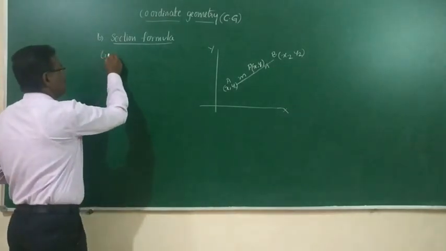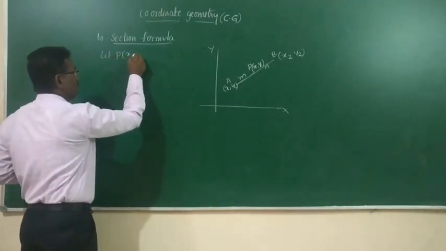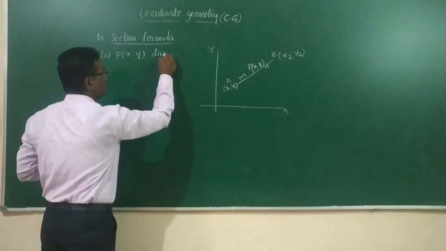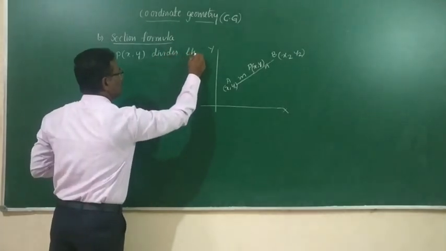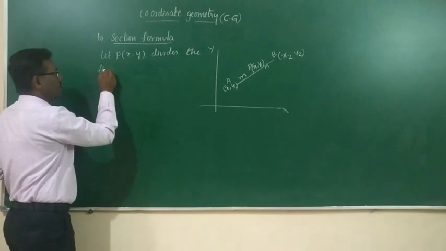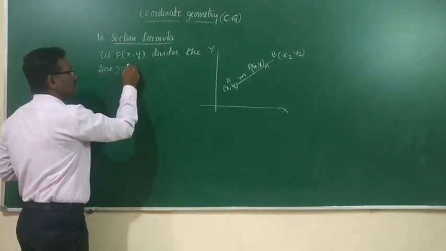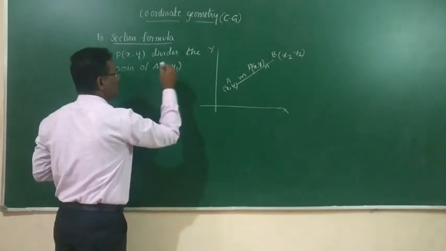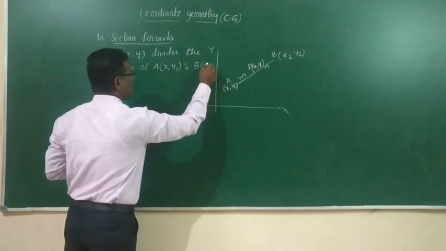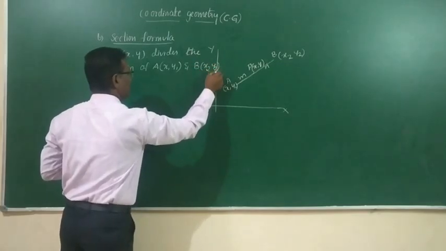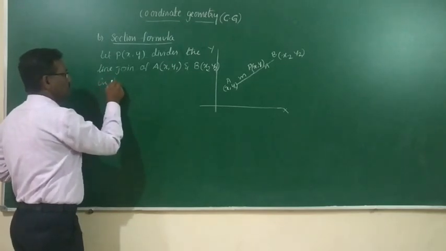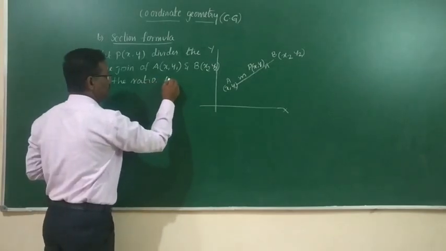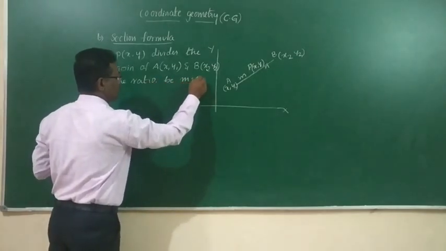So let P of x comma y divide the line joining A of x1 y1 and B of x2 y2 in the ratio m is to n.